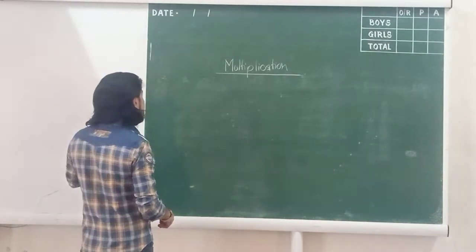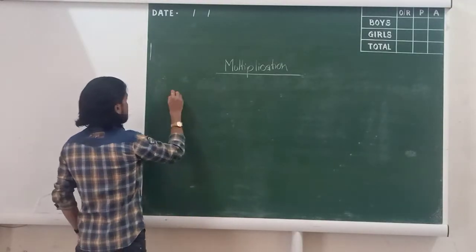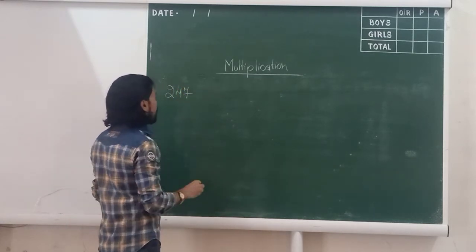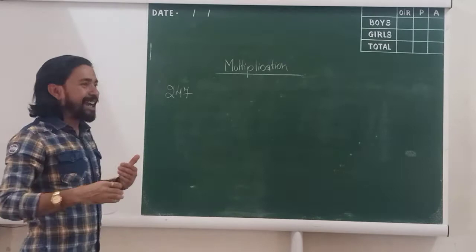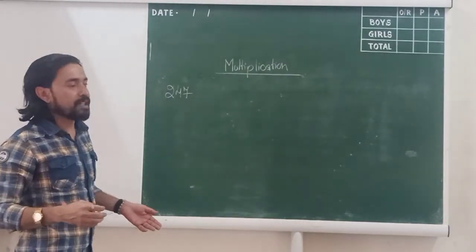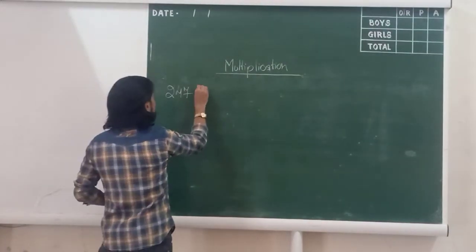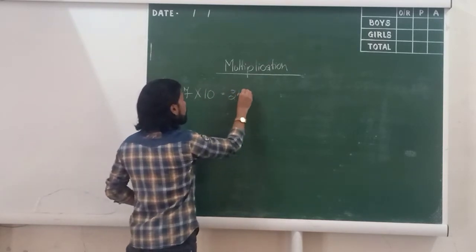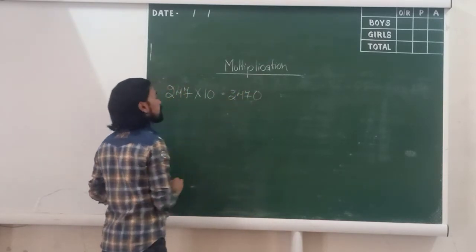If I take any number, suppose I take 247, to get a number ending with 0, I can multiply it by 10. All I have to do is write the number again and add a 0.